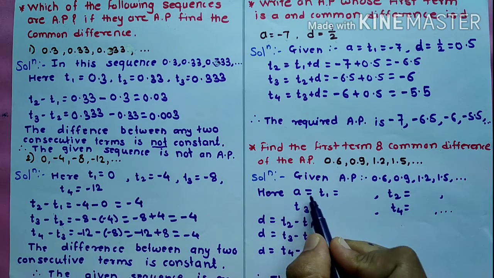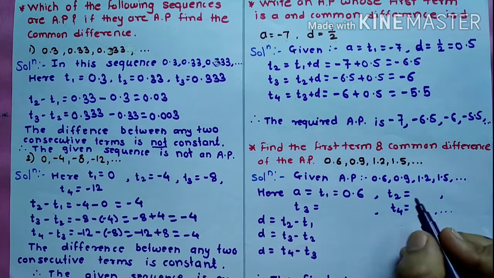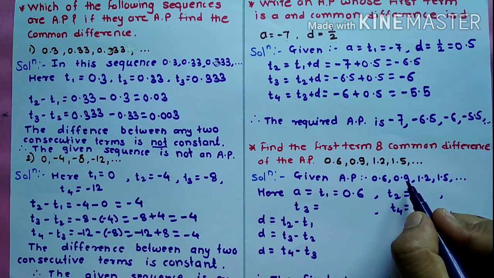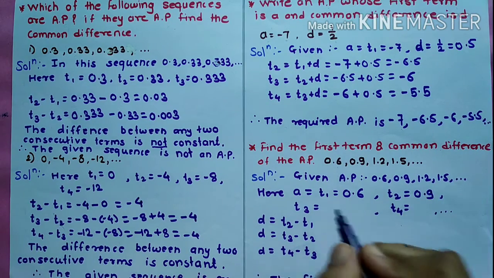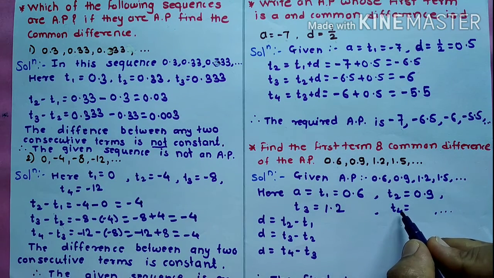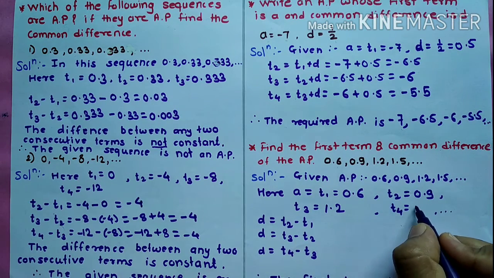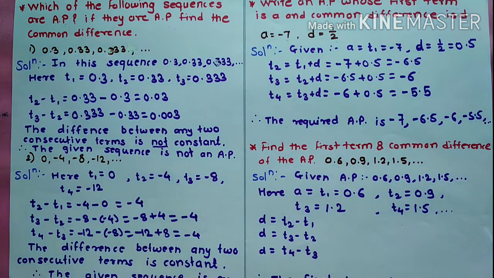Therefore A equals T1 equals 0.6. T2 means the second term, T2 equals 0.9. T3 is the third term, which is 1.2. Next T4, the fourth term, is 1.5 and so on.